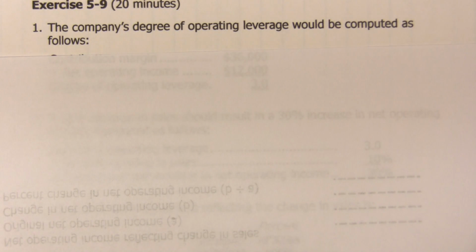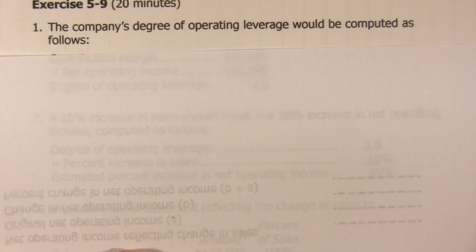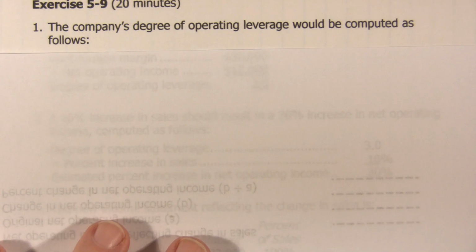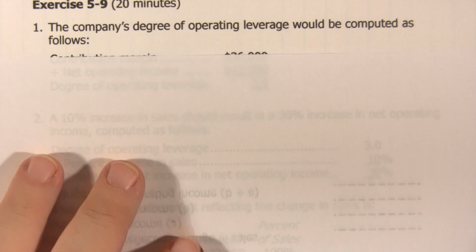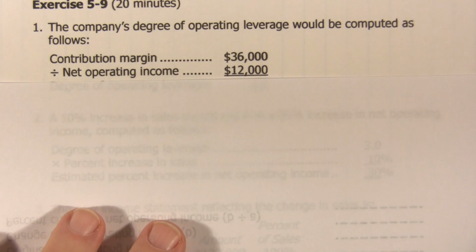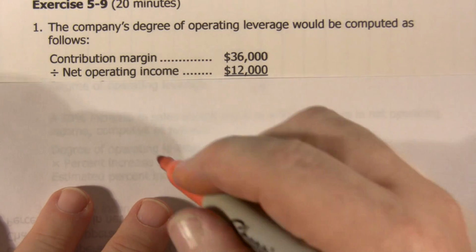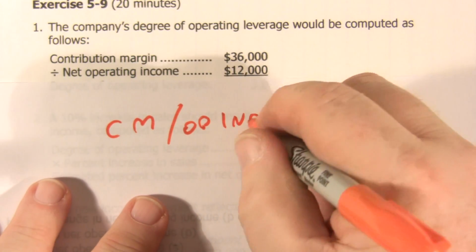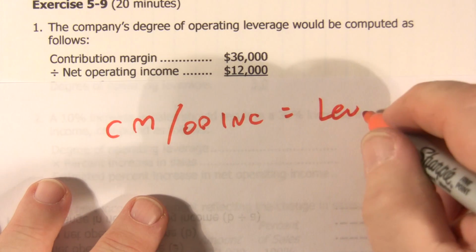Okay, exercise 5.9 asks us to spend some time considering operating leverage and what happens. Remember, operating leverage is defined as the contribution margin divided by net operating income. So contribution margin over operating income is leverage.